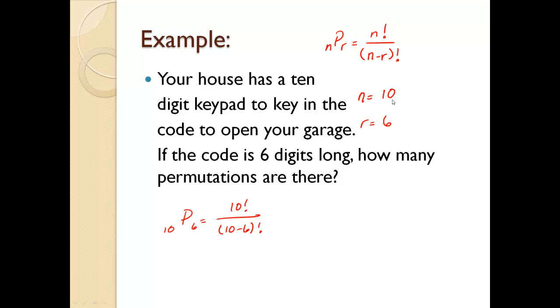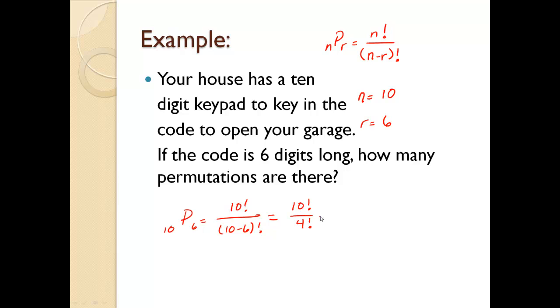So just so you see where I'm getting these from, the 10 is the total number of objects, choices, or in this case, keys on the keypad. 6 is the number of keys that we're choosing. 6 is how many digits long the code is. So you do 10 minus 6, which gives you 10 factorial over 4 factorial.